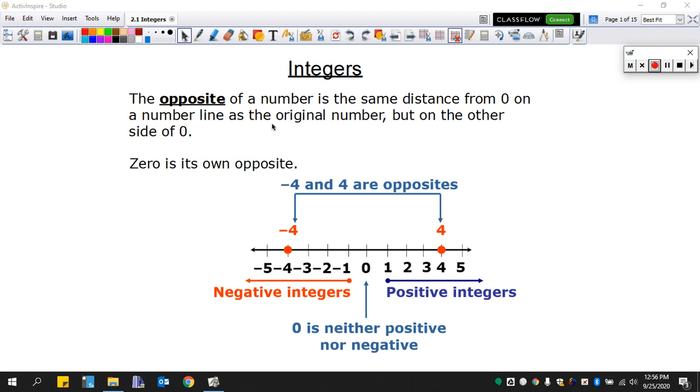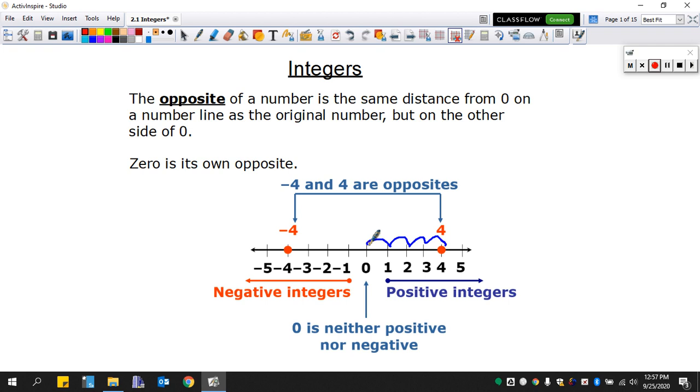Okay, so the opposite of a number, say 4, the opposite of 4 is the negative 4. And the reason that it's opposite is because the 4 here is 4 spaces to the right of 0.